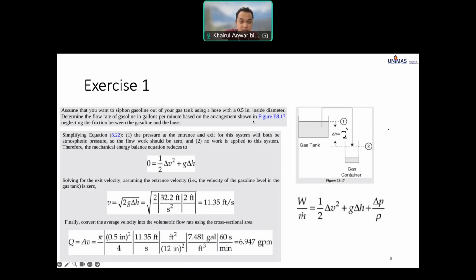So pi r squared. This is diameter, so you need to divide by 2. That's why it's 4. Then we have this value, 11.35 feet per second.